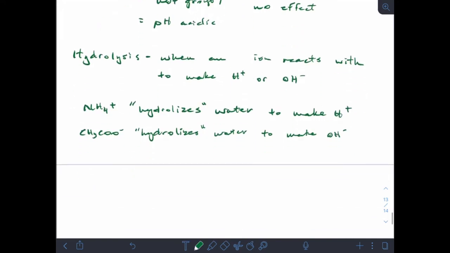And what do those equations look like? All I have to do to show those equations is to take our cation or anion and put it with water. So if I have some NH4 plus and H2O, my NH4 plus is going to donate to the water, so I'll have NH3 and H3O plus.